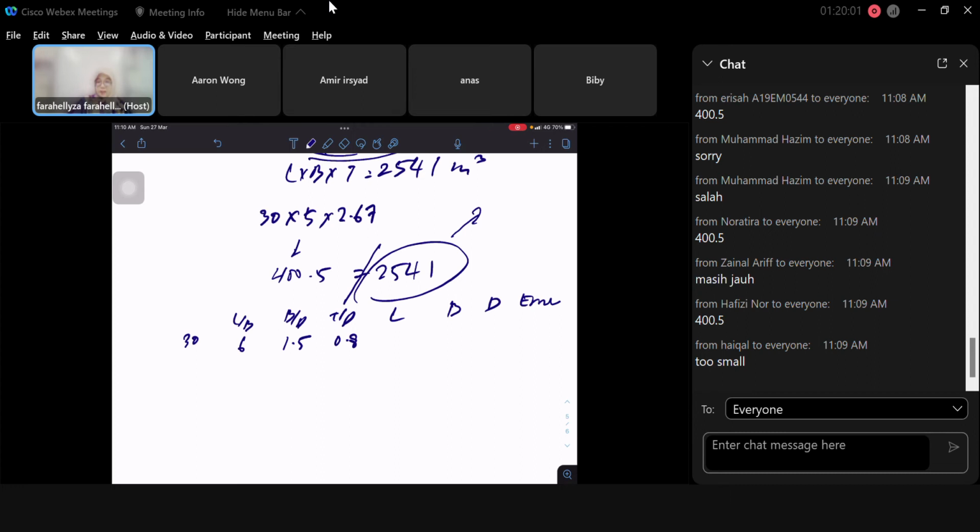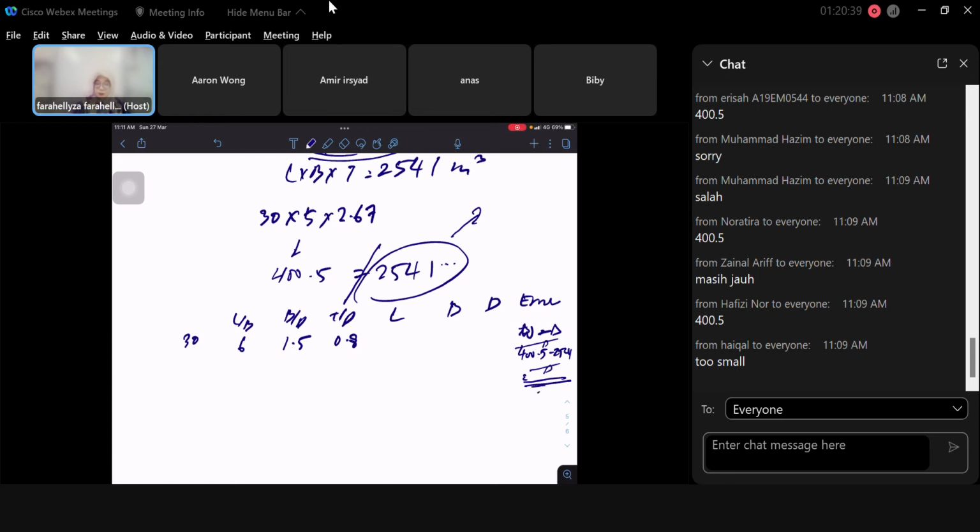What is the error here? Can someone calculate the error? So displacement W, times 100%. Or in terms of percentage, or you can also just use W minus displacement. The displacement here, so 405 minus 2541. So you get some error here. But basically error is in terms of percentage, so you divide by displacement again.